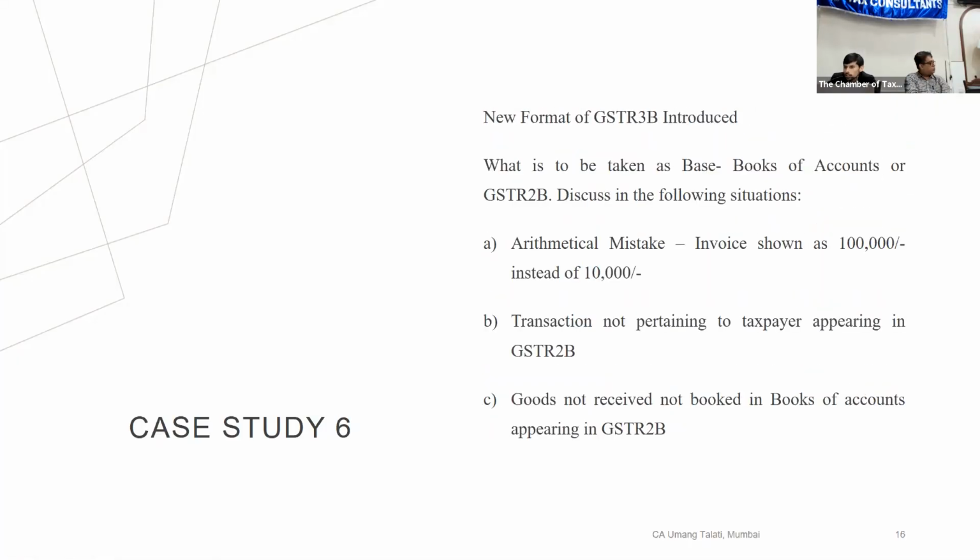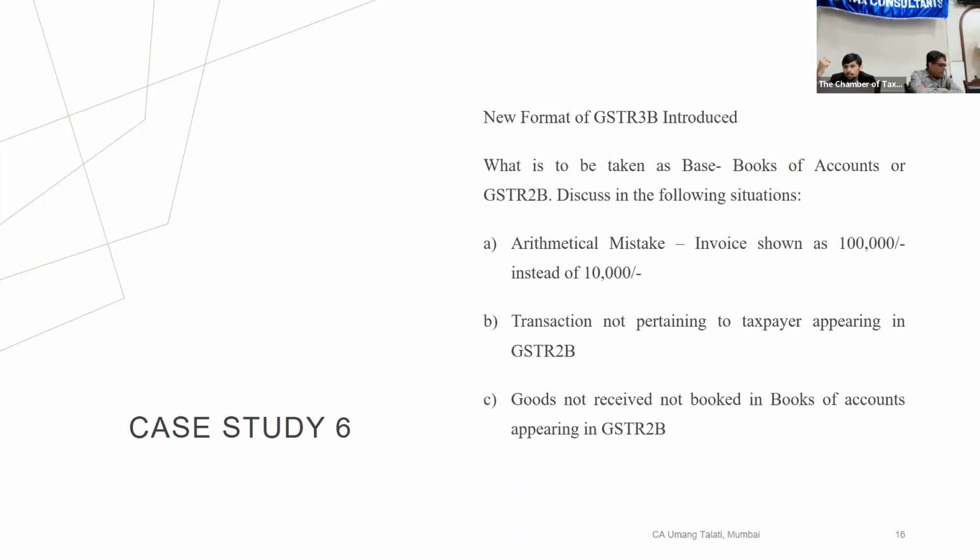Now we come to another very practical issue, also based on the circular: what is to be taken as base? Are books of accounts to be taken as base or is GSTR-2B? Because if you read the circular, it says take GSTR-2B, but let's say there is some mistake in the 2B. We'll take three scenarios. Say there is an arithmetical mistake.